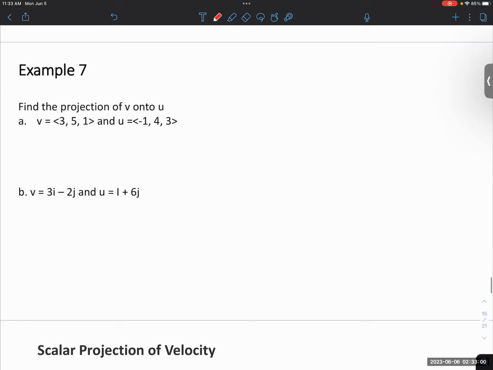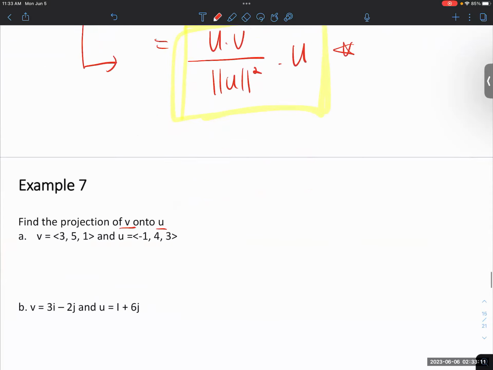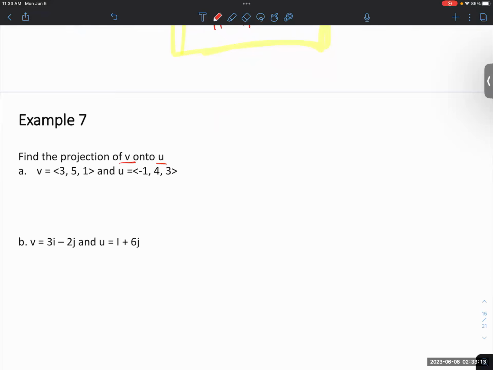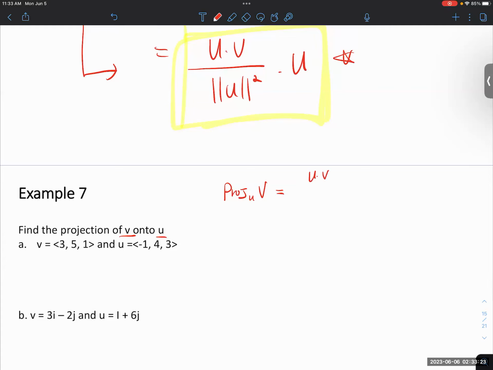You see that? Example 7. Find the projection of V onto U. So we already found out which is this formula. This is the projection. They're not looking for the length. So the projection of V onto U. So we are writing, we just proved that U times V dot product divided by the magnitude of the U vector squared and then times the U vector.